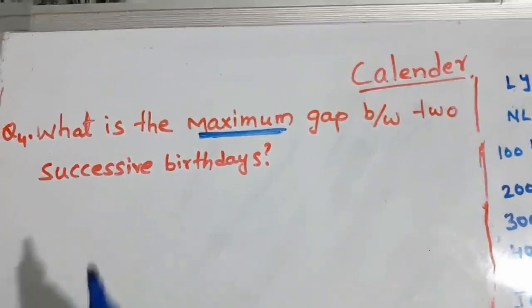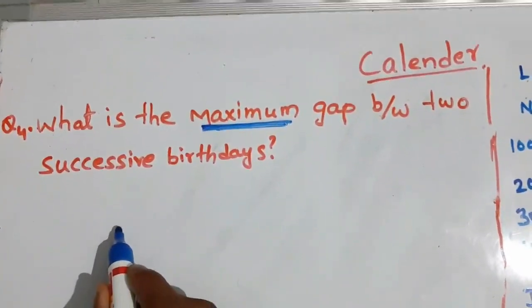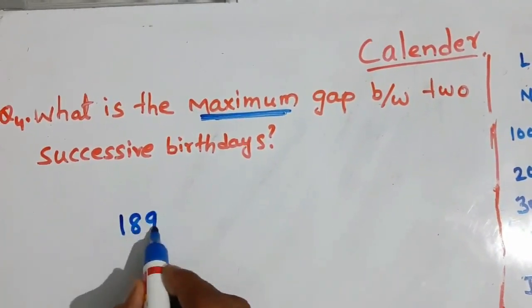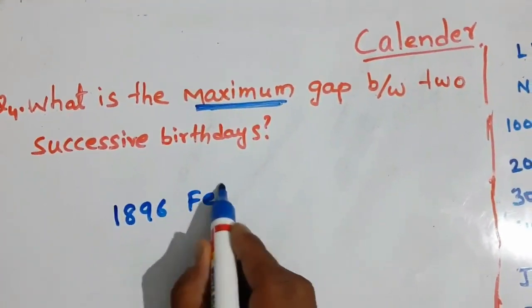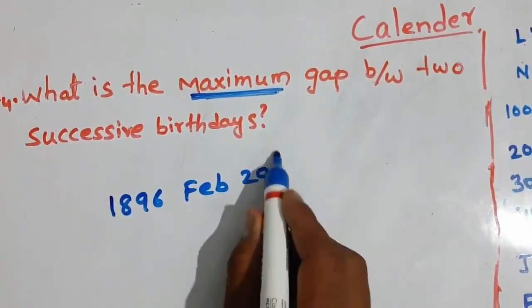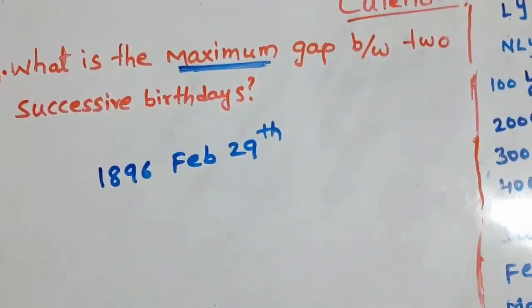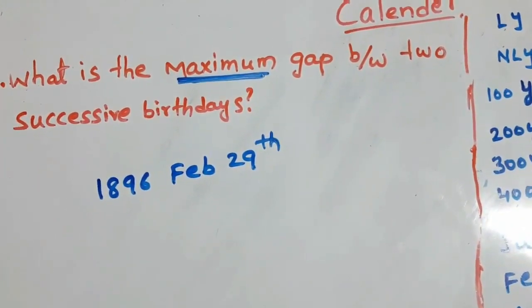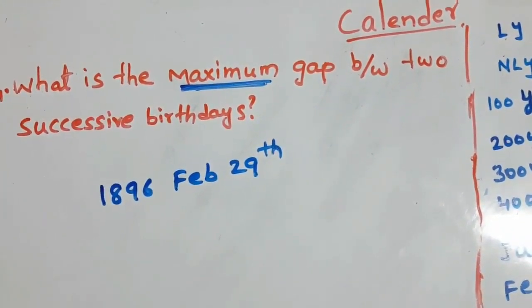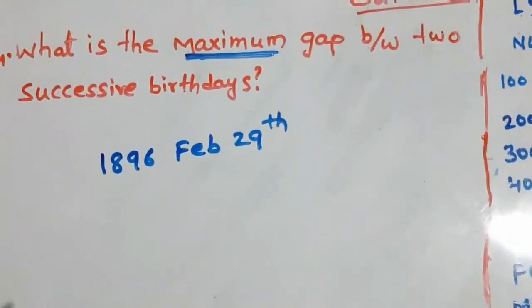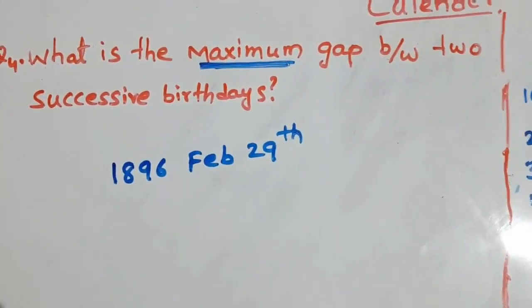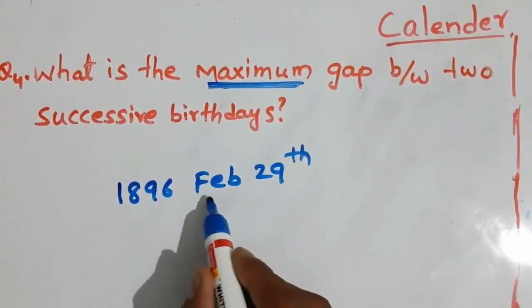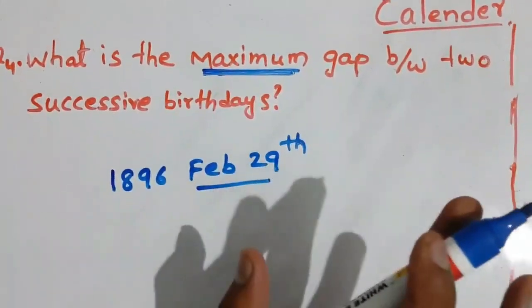Now for example, I am taking one guy born on 1896 February 29th. 1896 is a leap year, it having February 29 days.